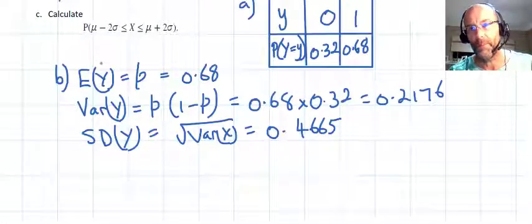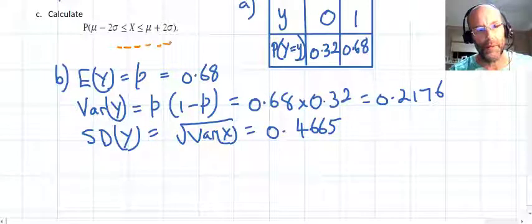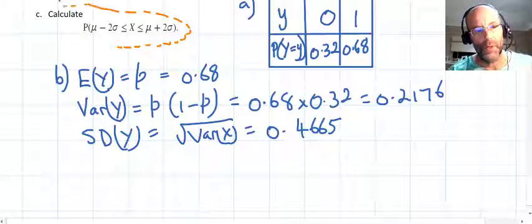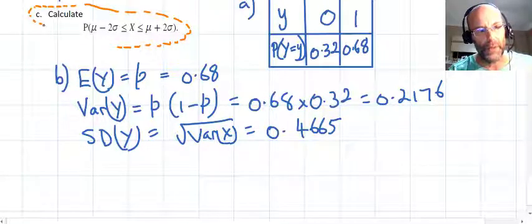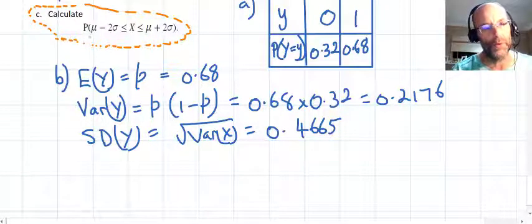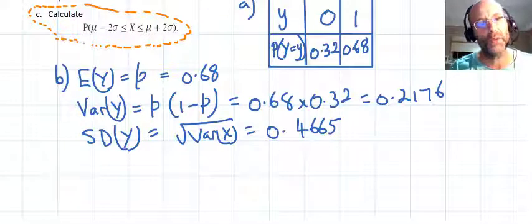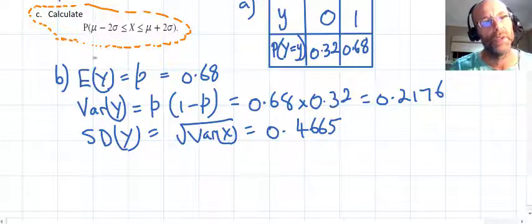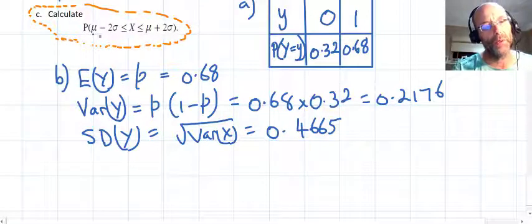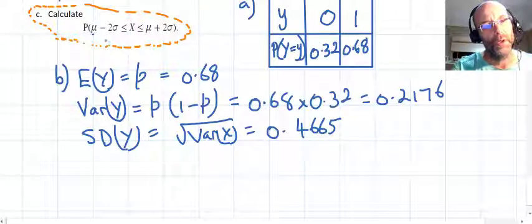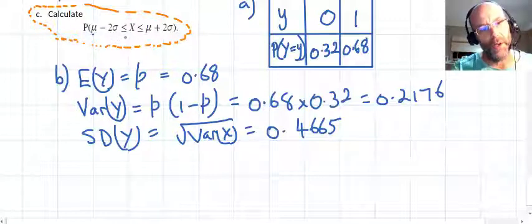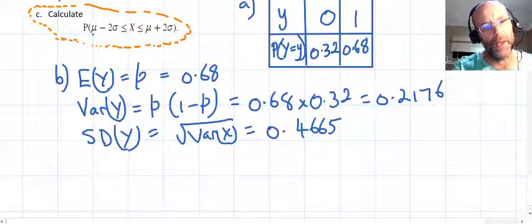And the very last part here is something a little bit unexpected, I guess it's a sneak preview of what's coming ahead with other sorts of probability distributions. So let's have a look at this. It's a bit of an extension, but it's a good application. So that means the probability of mu take 2 sigma is less than or equal to x, which is less than or equal to mu plus 2 sigma.